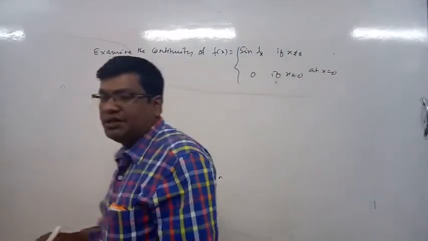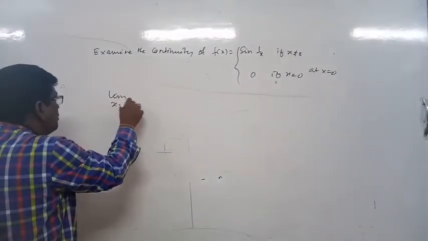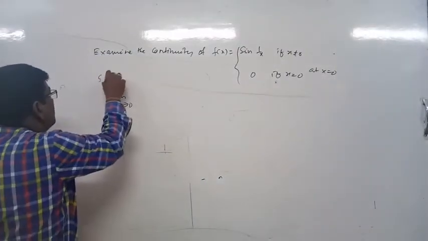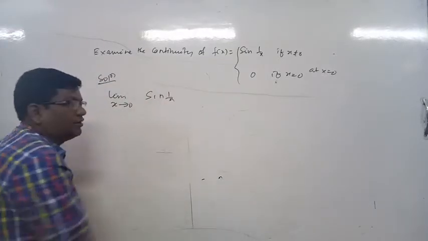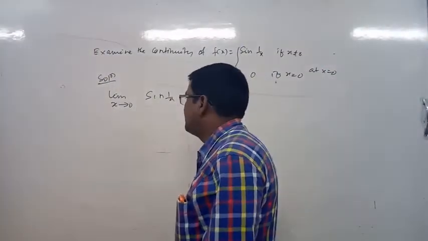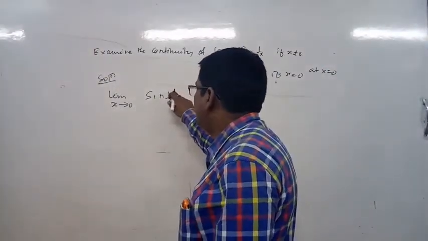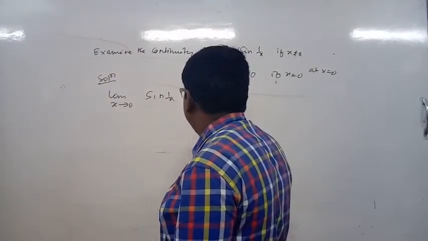Now first, limit x tends to 0. What is the function? Sin 1 by x, right? So sin 1 by 0 means sin infinity.